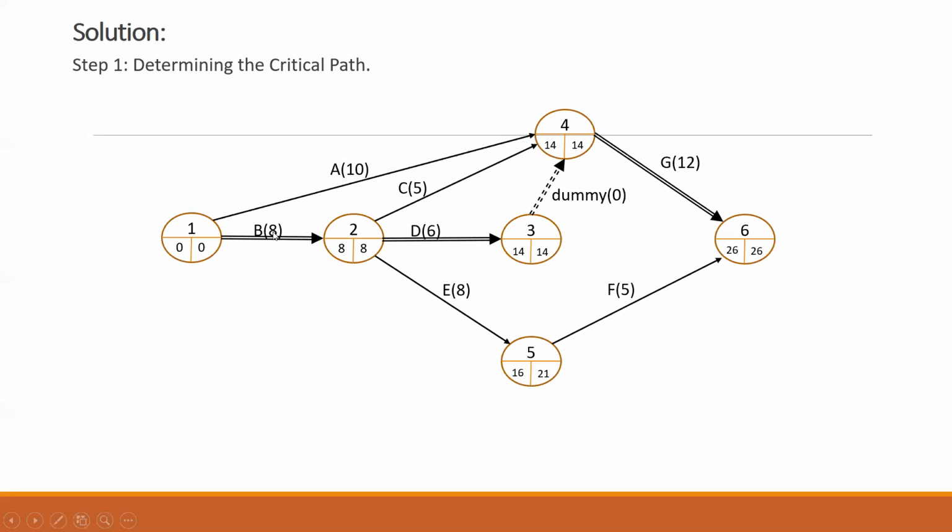If we add the duration, 8 plus 6 is 14, and 14 plus 12 gives you 26. That is your critical path and the critical duration, the total duration, or you can also call it your normal duration now.